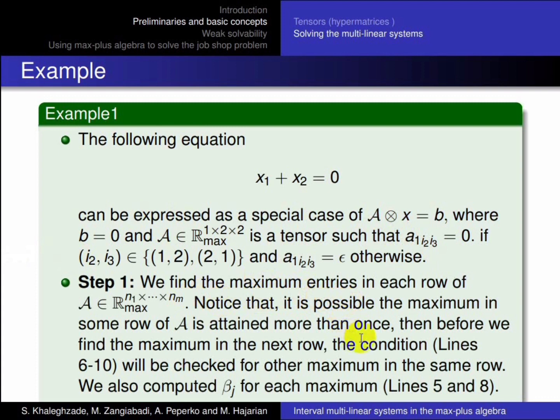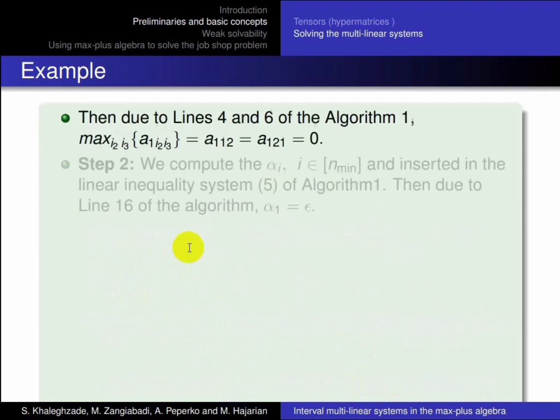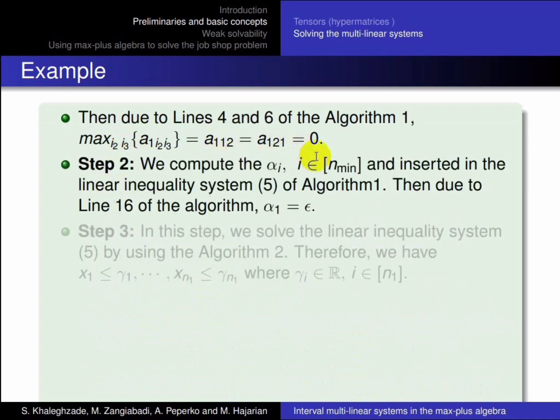So before we find the maximum in the next row, the condition of lines 6 to 10 will be checked for other maximum in the same row, and so we compute beta j, and then this maximum is equal to 0. In step 2 we compute alpha I and insert it in a linear inequality system, and so we have alpha 1 equals epsilon, where epsilon equals minus infinity.